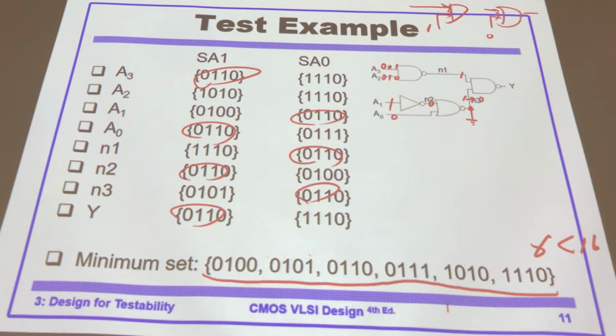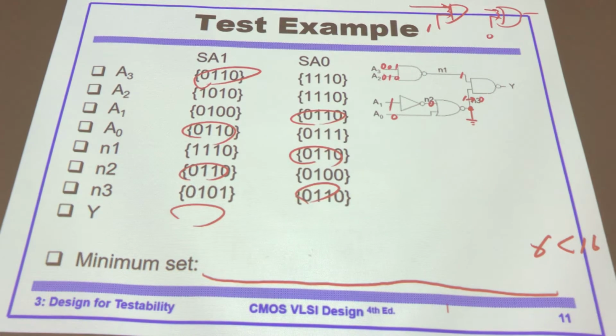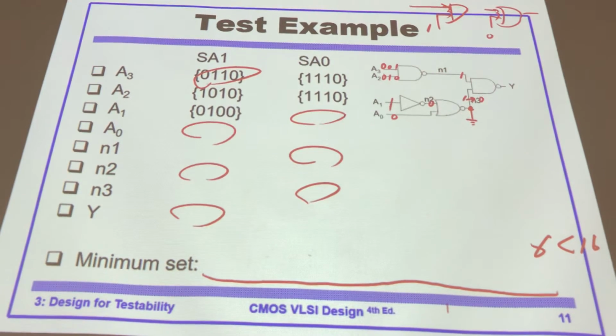Now, testing combinational circuit is easy, actually, relatively. It's relatively easy to test combinational circuit, especially for not too many inputs. That should be easy. And how easy is testing the circuit? We have two issues. Let's go back a little bit.